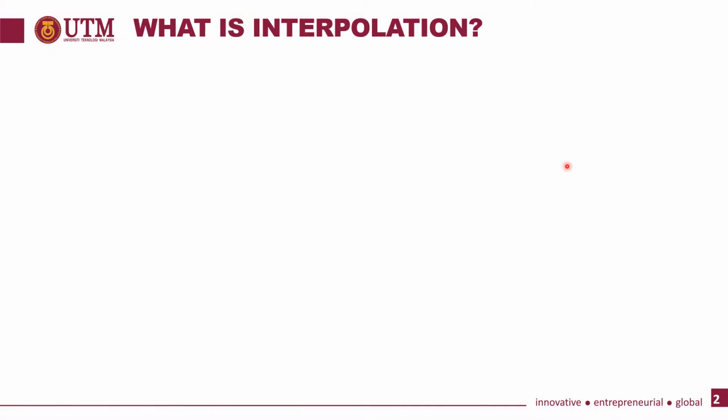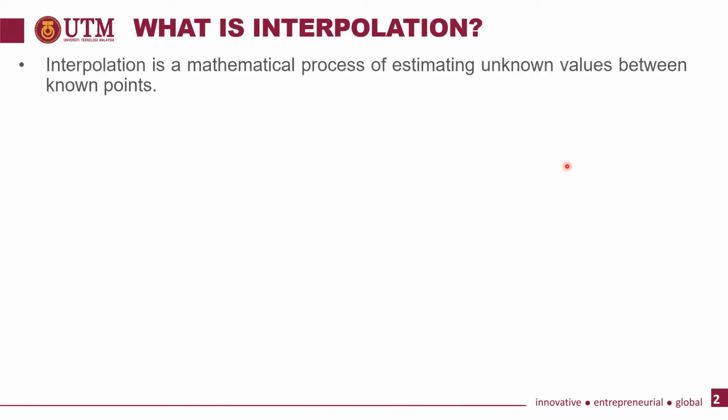Okay, so the first part of today's lesson is: what is interpolation? Interpolation is a mathematical process of estimating unknown values between known points. For example, if you have a point between 1 and 2, we want to know the value between point 1 and point 2. That is called interpolation.